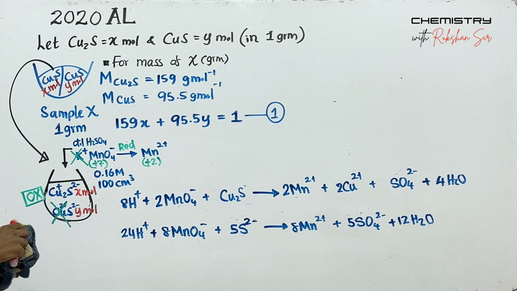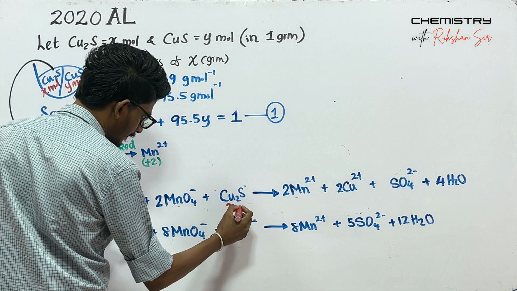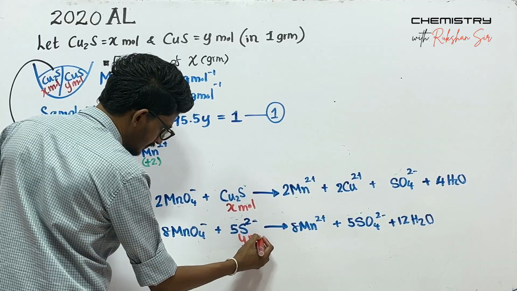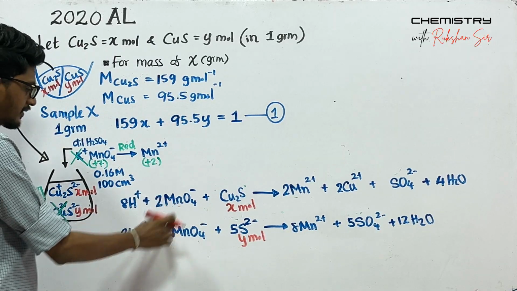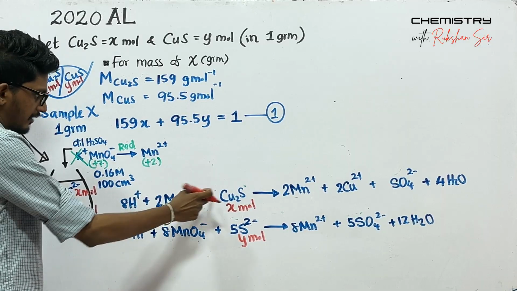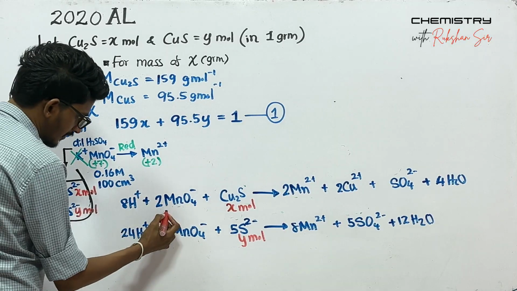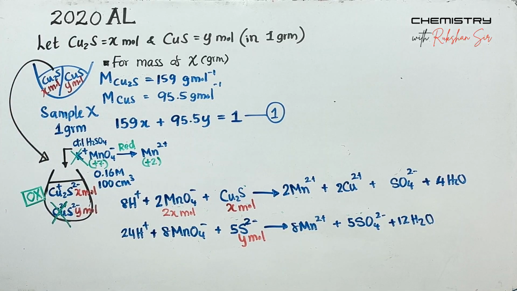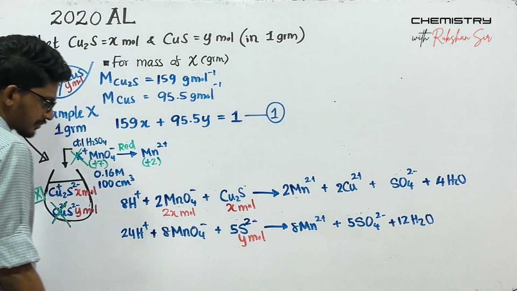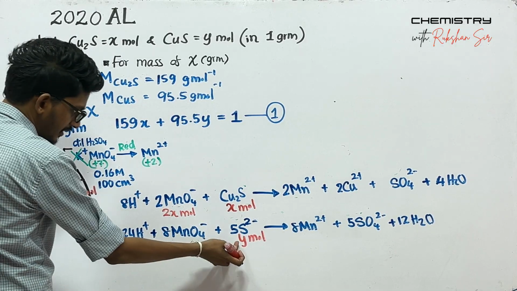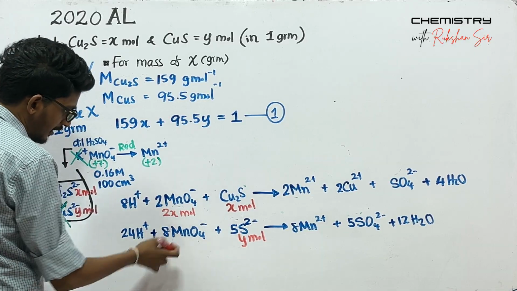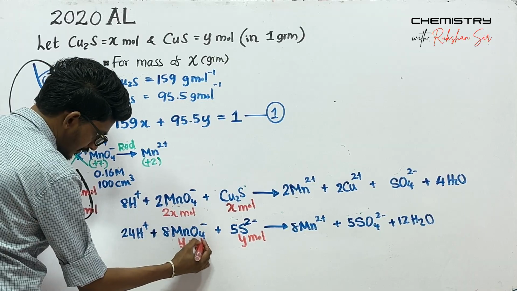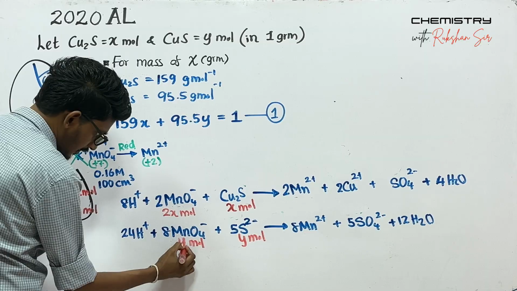So as you have x moles of this thing and y moles of this one, the consumed amount of MnO4 minus for this reaction to react with the Cu2S is going to be 2x, 1 to 2 ratio. And to react with this one, y moles represent 5 portions, and we need such 8 portions.